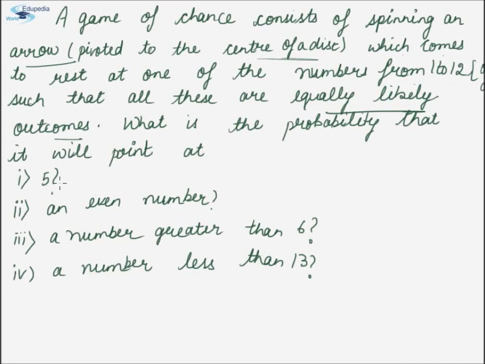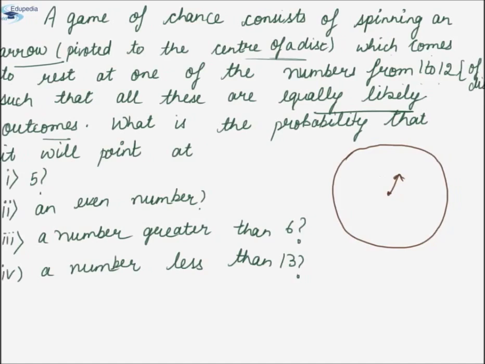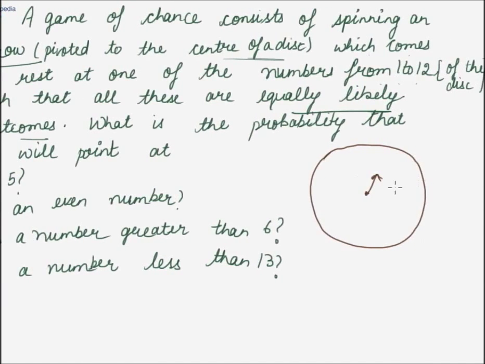We have different cases. So according to the statement, we have a disc with the arrow pivoted to the center of the disc. Let us connect an arrow to the center of this disc. Numbers from 1 to 12 are located on this disc.